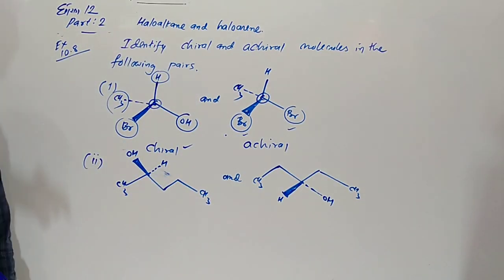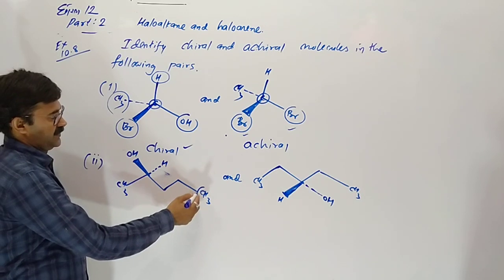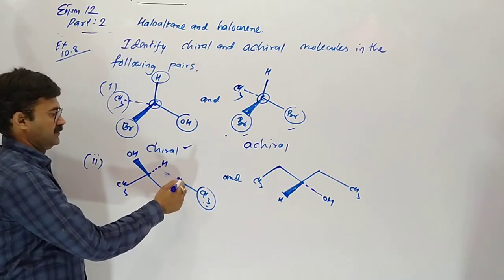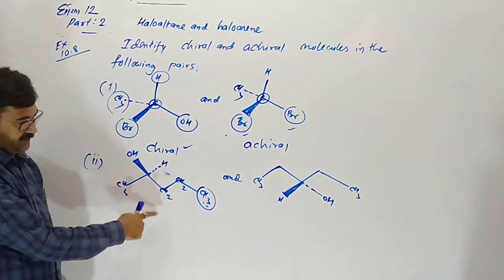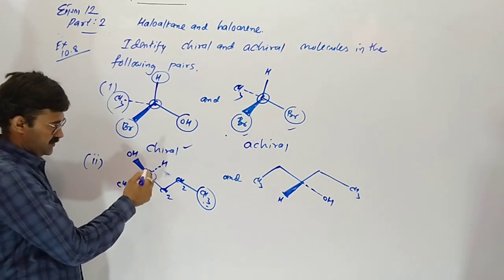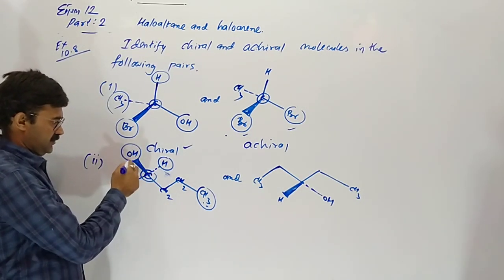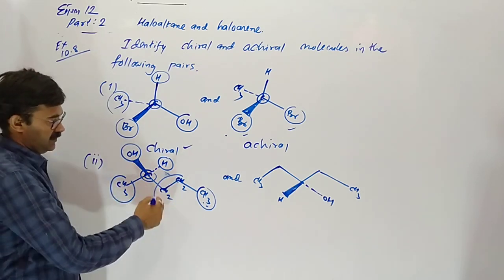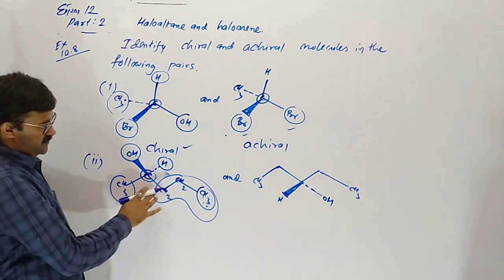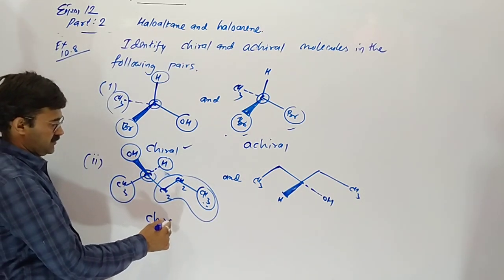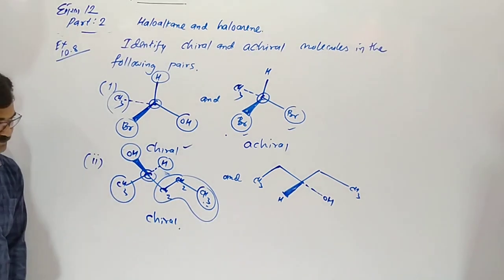So we have to check all the carbons. Here is CH3, 3 hydrogens same, so this is not chiral, 2 hydrogens same. But what about this? H, OH, CH3 and the propyl part. All 4 groups are different, so this one is chiral.